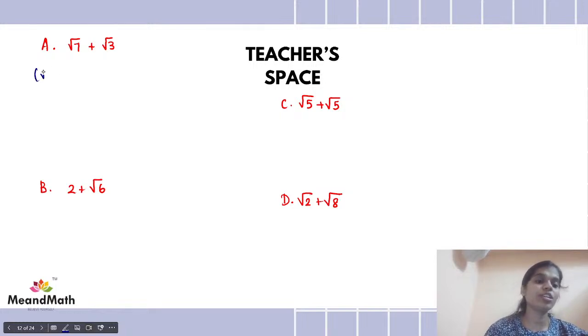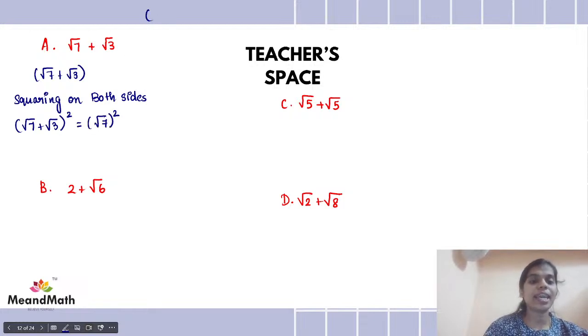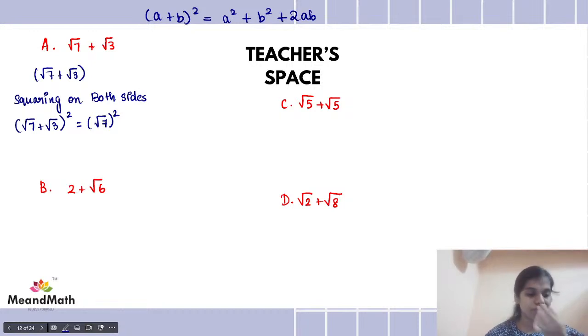First, I am taking option A, root 7 plus root 3, and I am squaring on both sides just to remove the square root. So, root 7 plus root 3, the whole square, which means this is an identity: A plus B, the whole square equals A square plus B square plus 2AB.